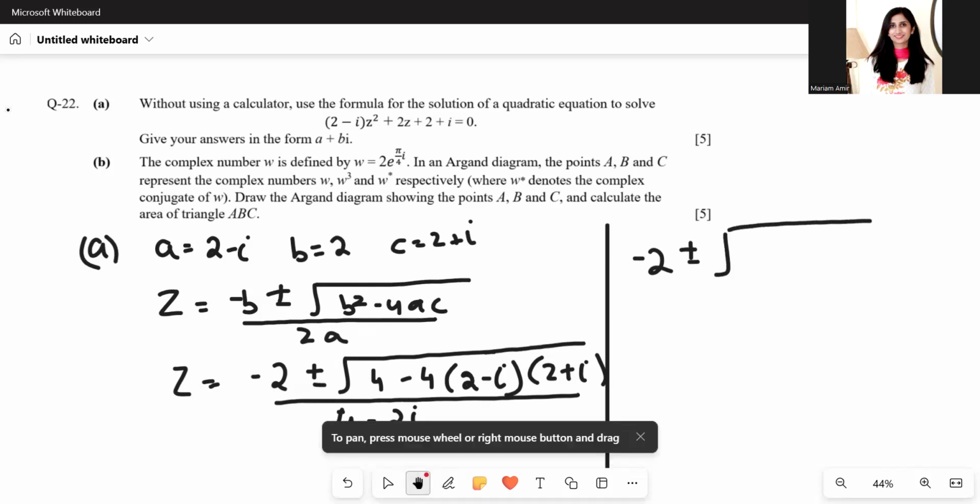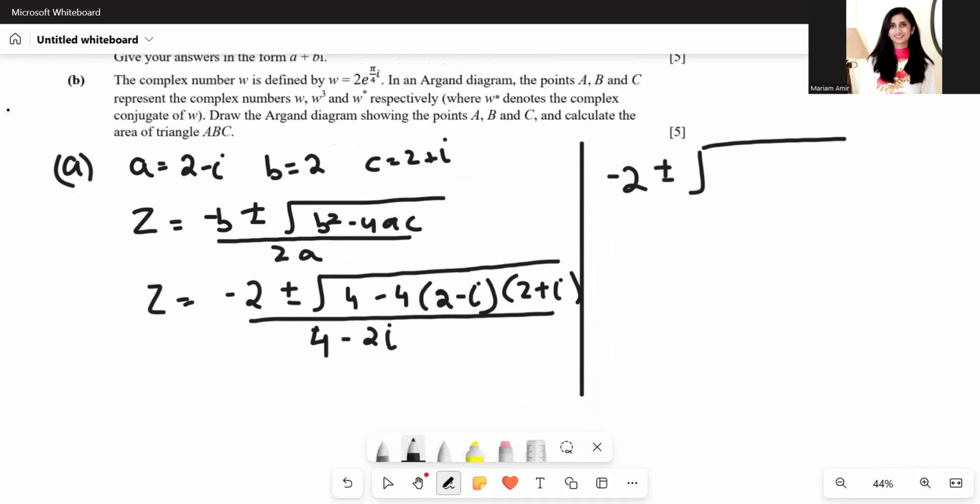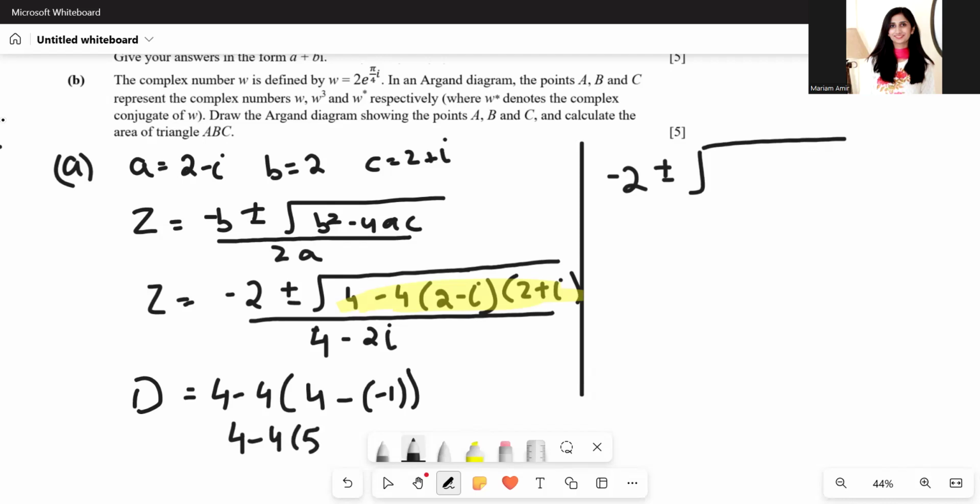Let's do the working for the discriminant here. This is going to be 4 minus 4 times (2 minus iota)(2 plus iota). This is the discriminant, and I'm going to use a squared minus b squared. Iota squared is going to be minus 1. So we get 4 minus 4 times 5.